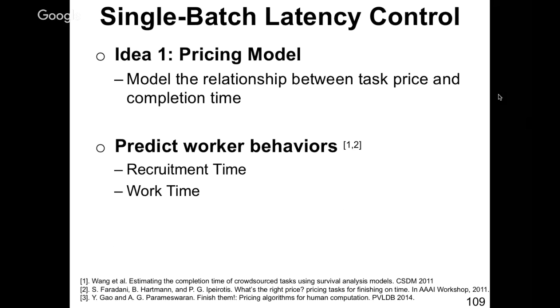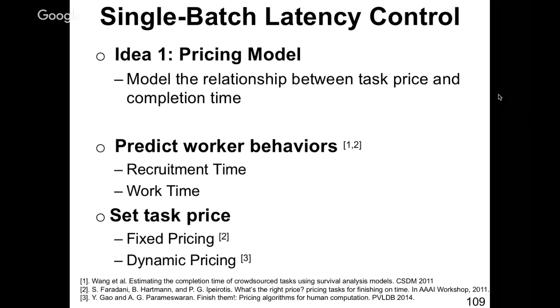These 2 papers talk about an idea that uses a Poisson process to model workers, and then they can build a relationship between the task price and recruitment time and work time. Once you get the model, you know which task is the slowest.